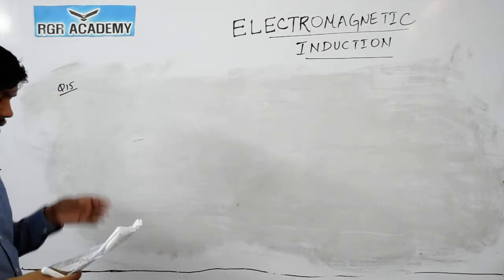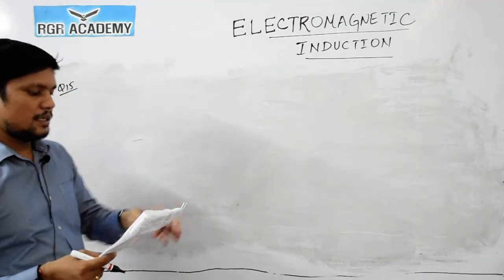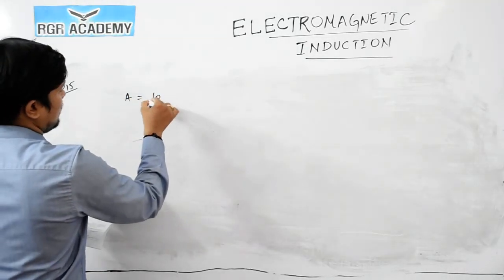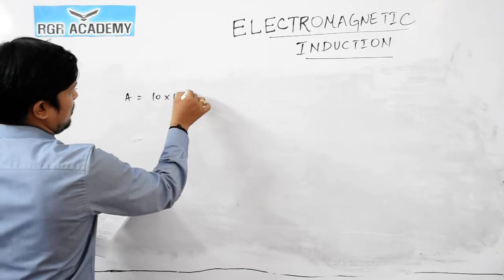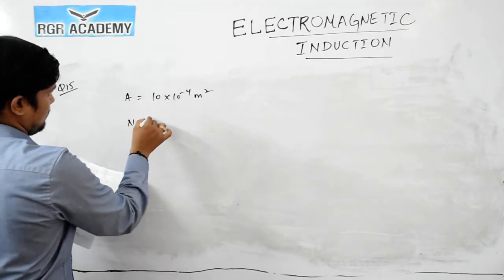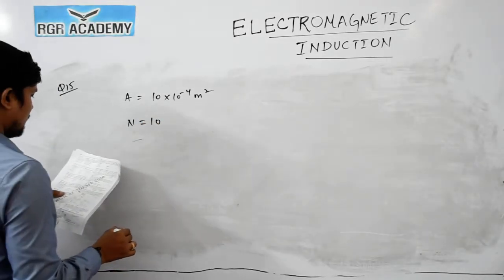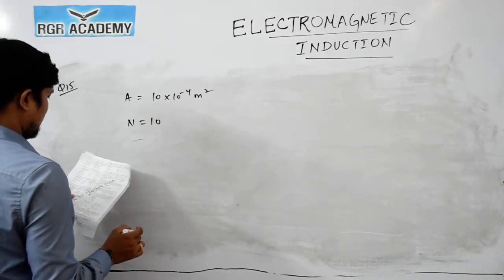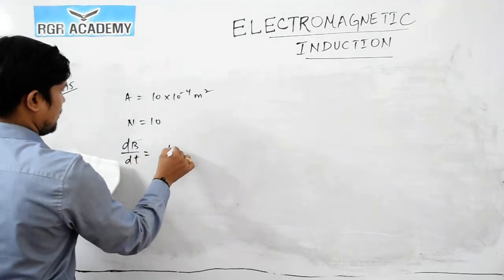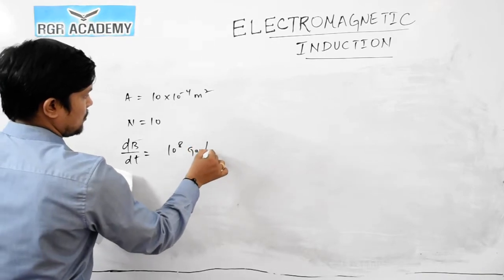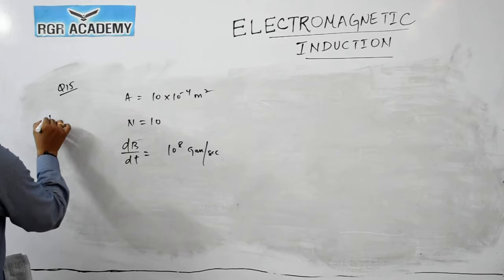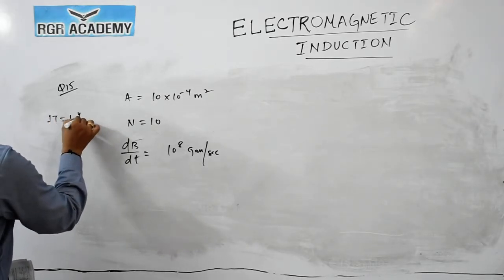So question number 15 is, in the coil of area 10 centimeter square and 10 turns, so area is given as 10 centimeter square, we can write as 10 into 10 to the power minus 4 meter square, and 10 turns, number of turns are given as 10, where the magnetic field perpendicular to the plane is changing at the rate of, so rate of change of magnetic field is given as 10 to the power 8 Gauss per second, and we know that 1 Tesla is equal to 10 to the power 4 Gauss.